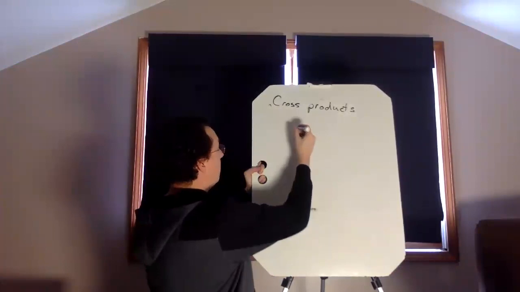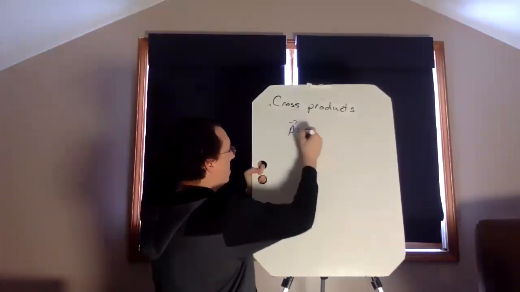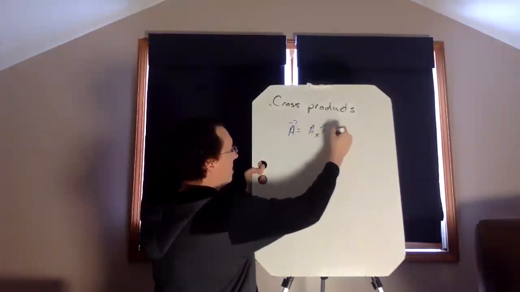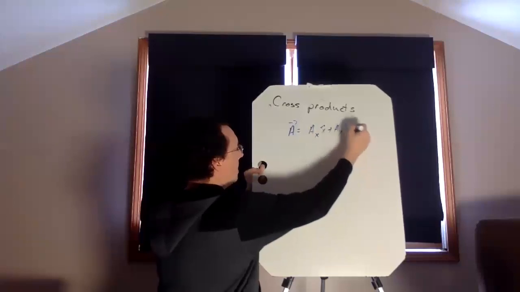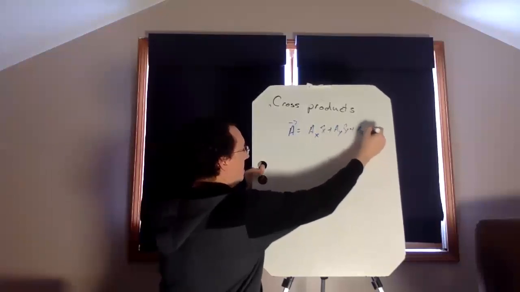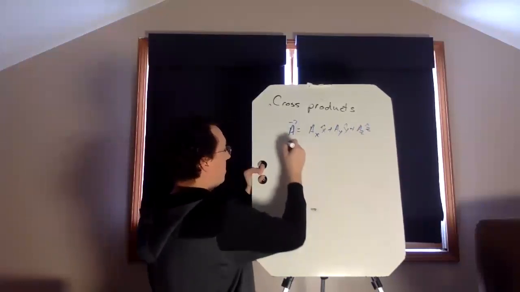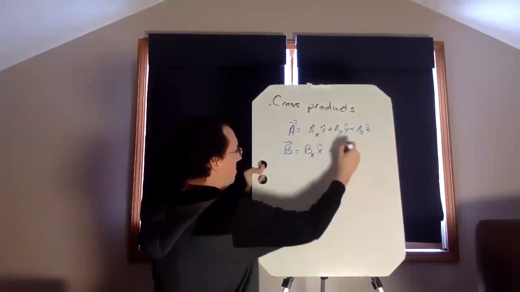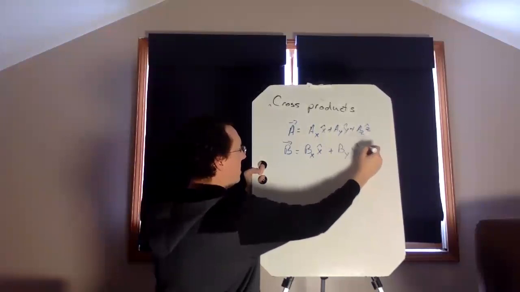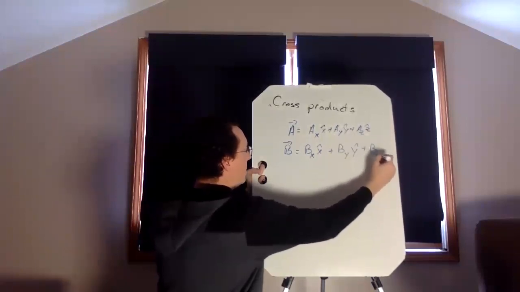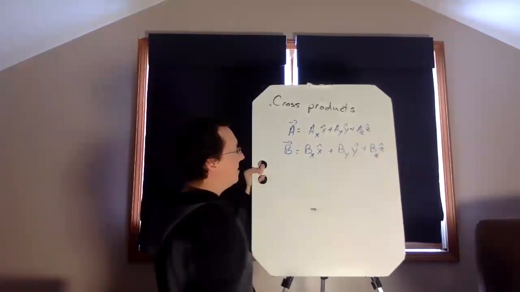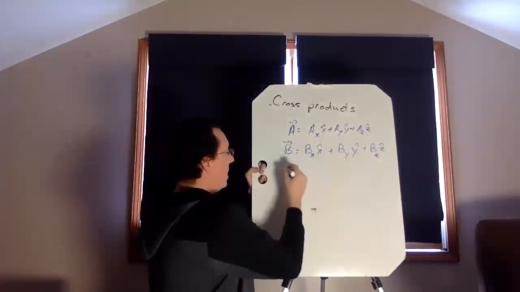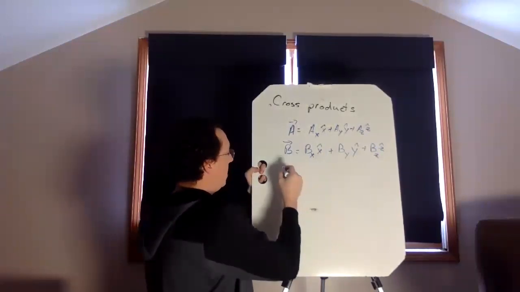If I have a vector A, which is Ax x hat plus Ay y hat plus Az z hat, and another vector B, which is Bx x hat plus By y hat plus Bz z hat, there's another way I can use a determinant to calculate A cross B.